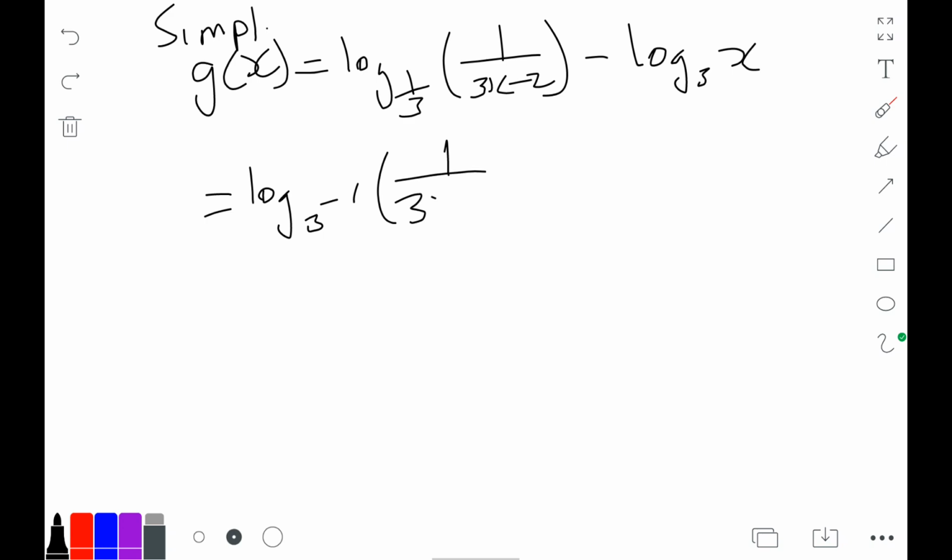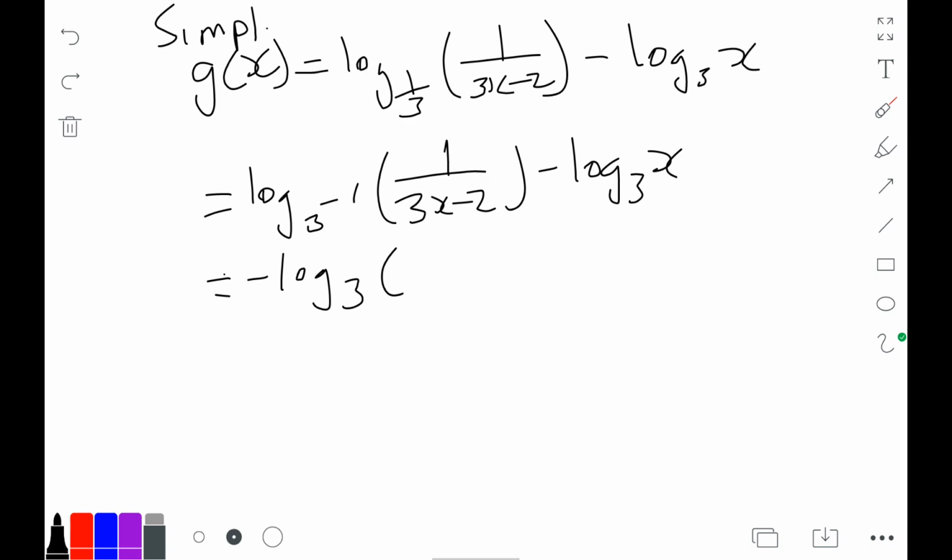Because of this negative, you take it out, it's going to be negative log of 3 times 1 over 3x minus 2, and then minus log of 3x.